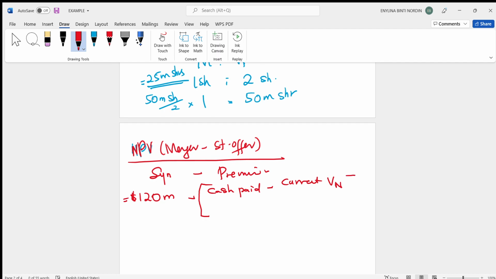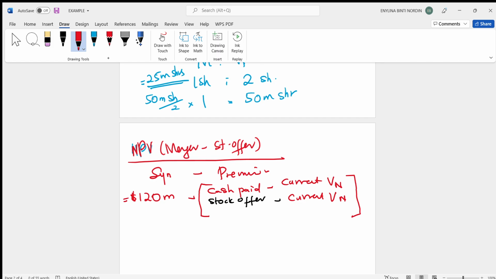But this time we are using a stock offer, so the amount paid by M Berhad to N Berhad is in the form of stock. So we put stock offer minus the current value of N.